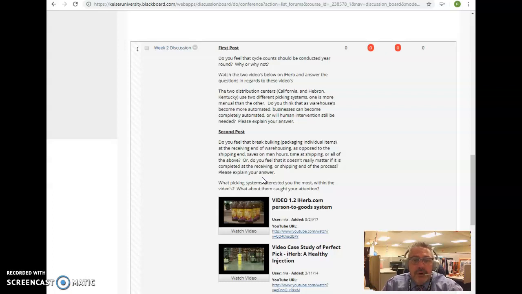The second post, I have divided these up as you can tell from last week. Do you feel that break bulking, which is packaging individual items at the receiving end of the warehousing operation, as opposed to shipping end, saves on man hours, time at shipping, or all of the above? Or do you feel that it really doesn't matter if it is completed at the receiving or shipping end of the process?